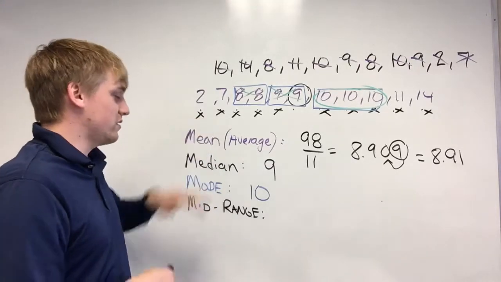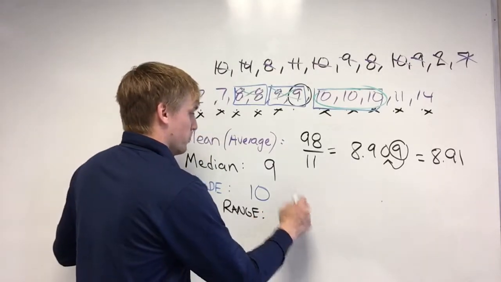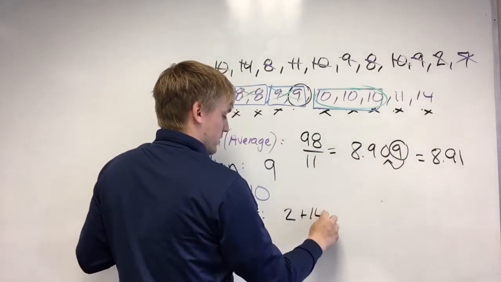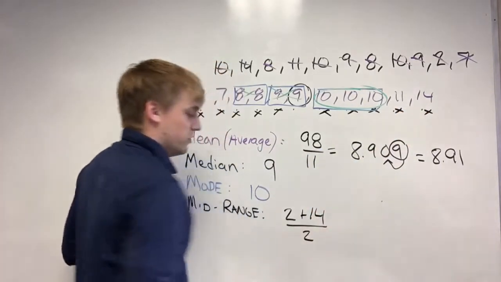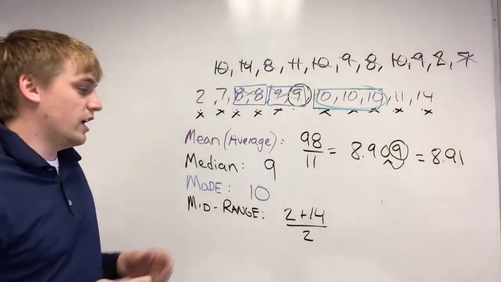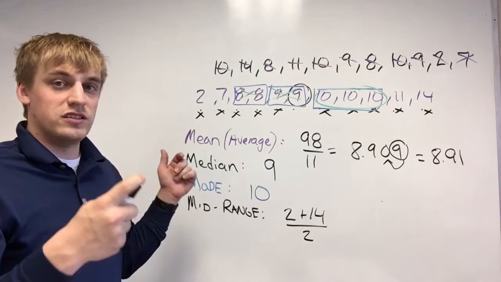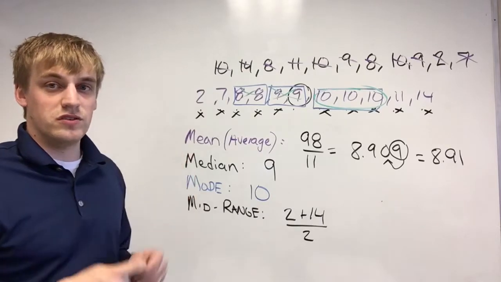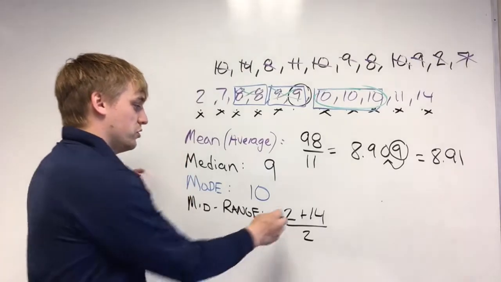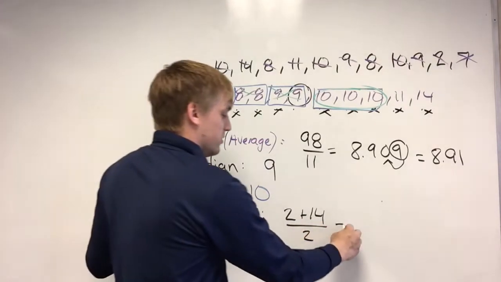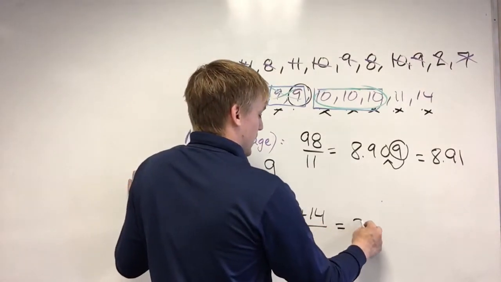You add the least number, which is 2, to the biggest number, which is 14, and you divide by 2. It's like finding the mean or the average of the smallest and biggest numbers. So 2 plus 14 is 16, and 16 divided by 2 is 8.